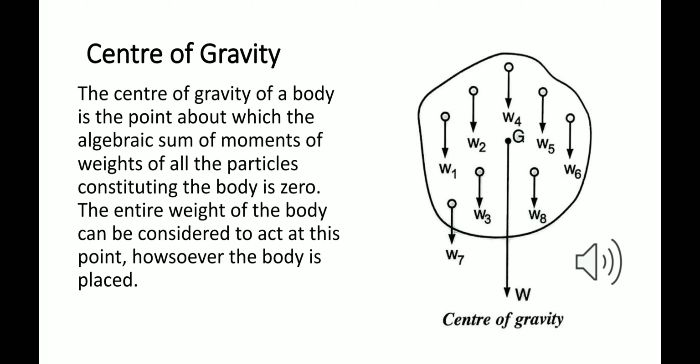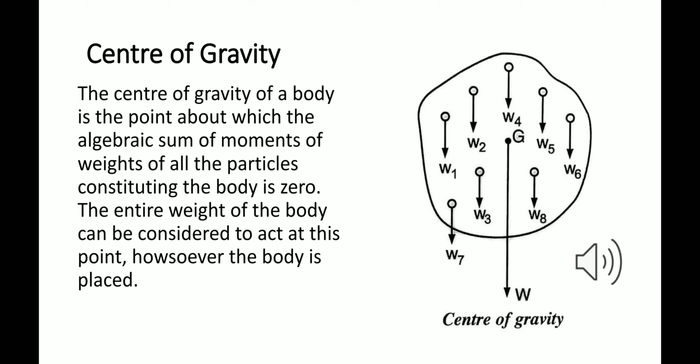It is possible that the center of gravity is outside the body. So there will be a point where the moment of force for all the particles of which the body is made up will become zero.